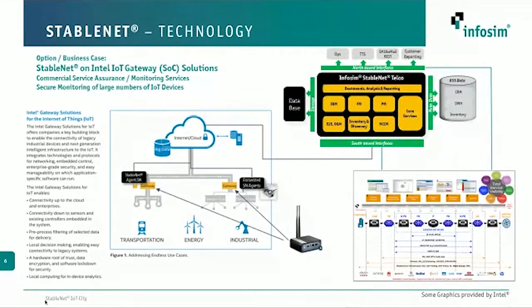So here you see how we work together with the Intel-driven gateways. We have two possibilities. In our agent structure, we are able to install a really small software stack on every gateway, on the Linux system, on the Ubuntu system, and this agent communicates the data or is able to control the data of the gateway. But we have a second way. You don't only need an agent on the gateway.